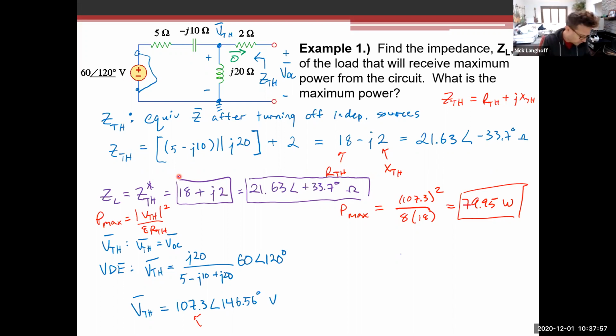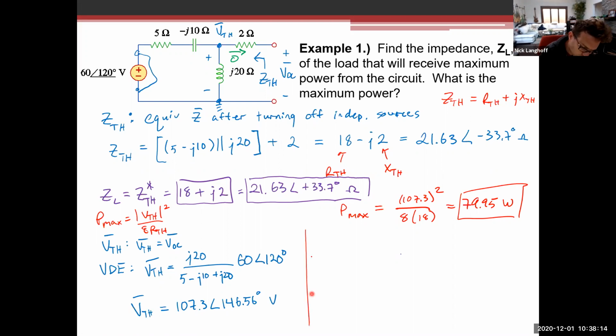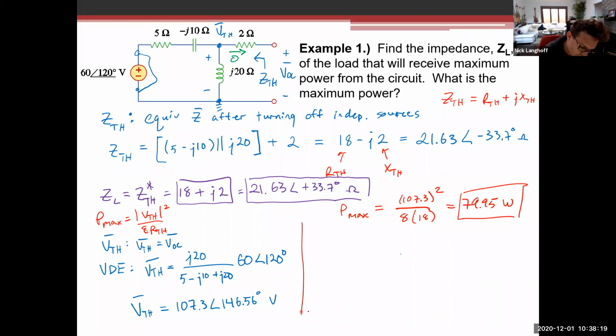We have time for another example here. One thing I will recall really briefly before we go forward is that for a resistor, the average power is V squared over 2R, right?